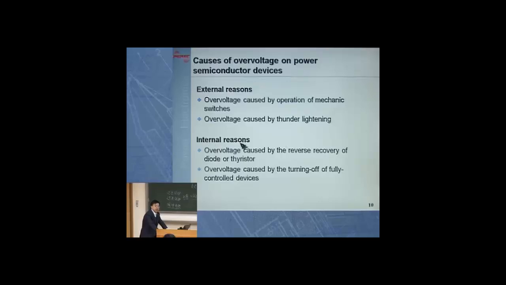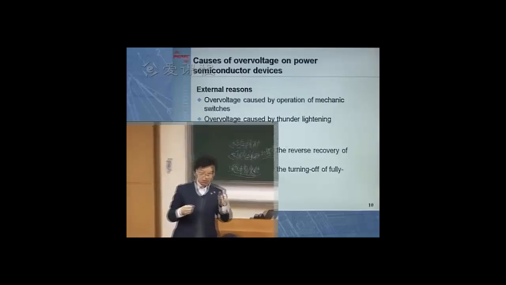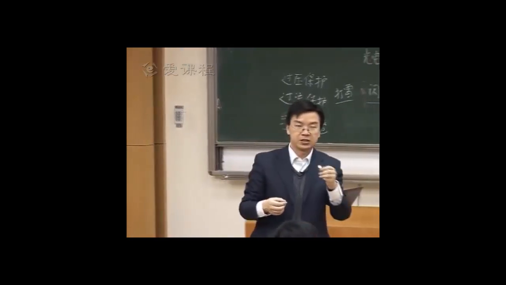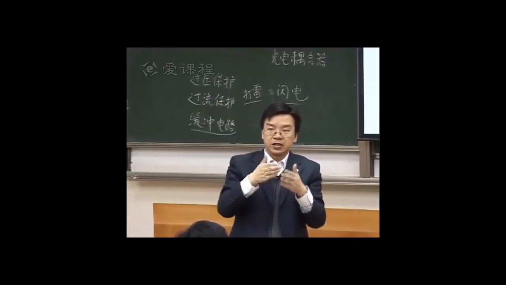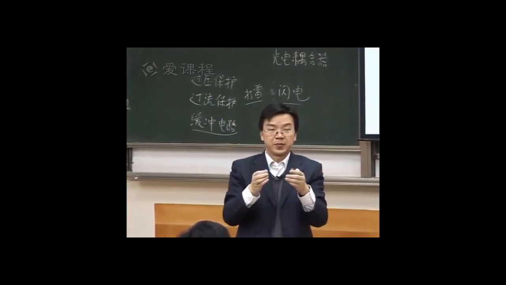From the internal side, inside the power converter, there are also many reasons that could cause over voltage. One is over voltage caused by the turning off process of a fully controlled device. For example, IGBT or power MOSFET: when this power MOSFET or IGBT is turned off, originally there is current flowing through, and suddenly this current is turned off.